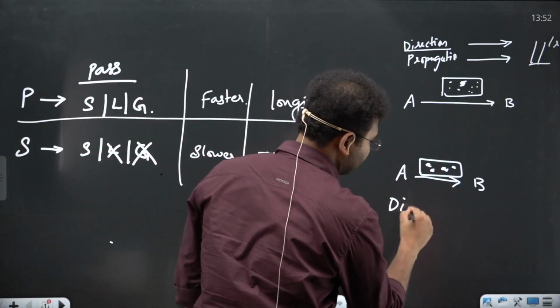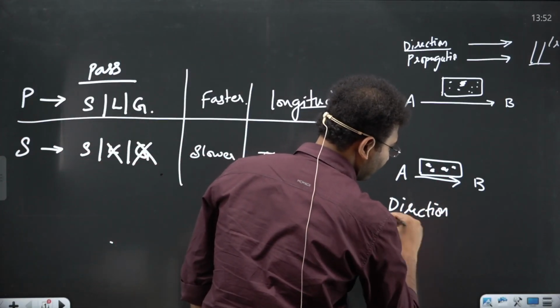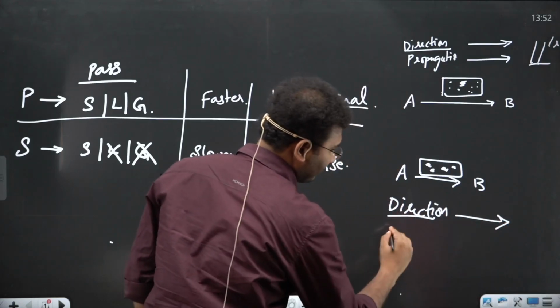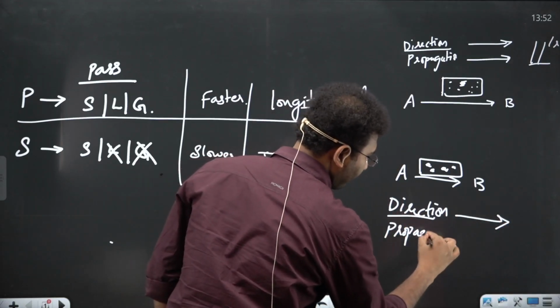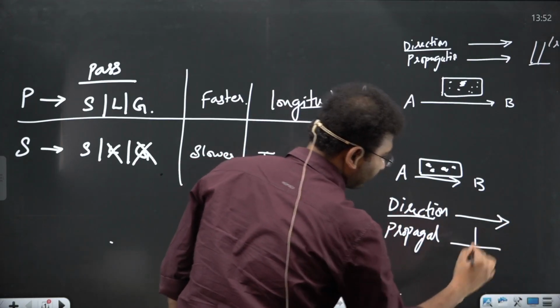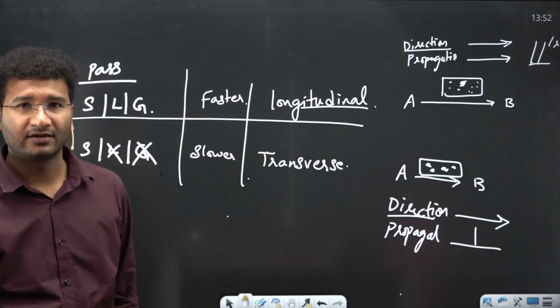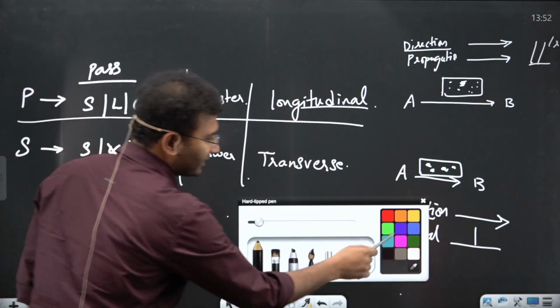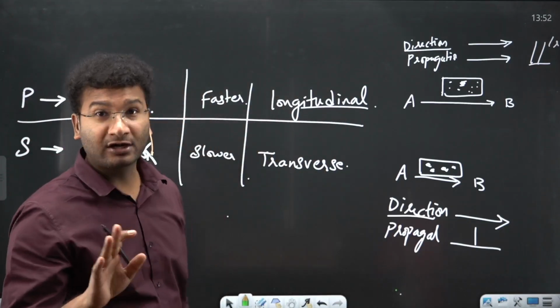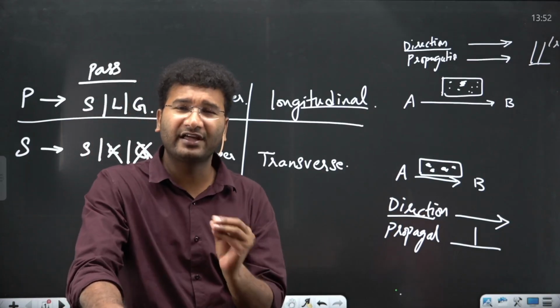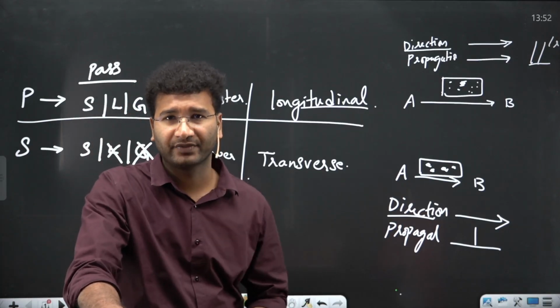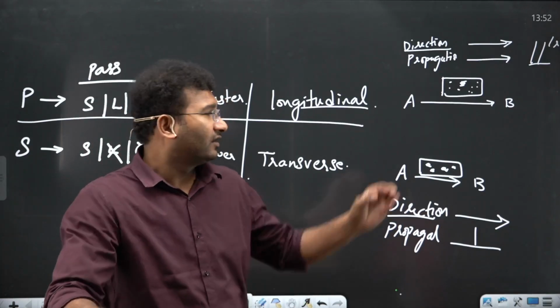That means this direction is on this side, whereas propagation is perpendicular, right? Those propagations which are not parallel will be very dangerous in an earthquake. They will be very dangerous to any construction.